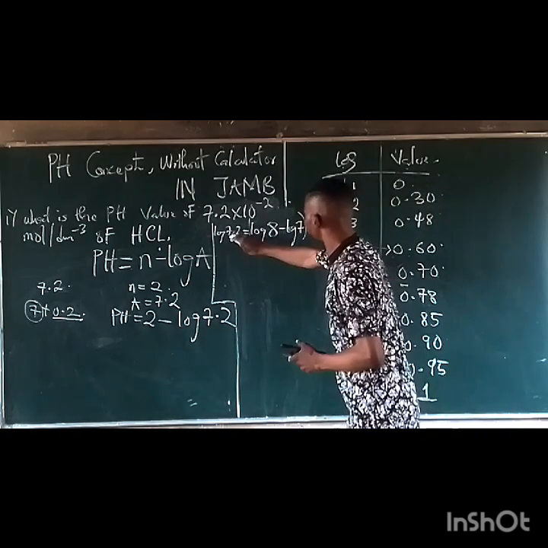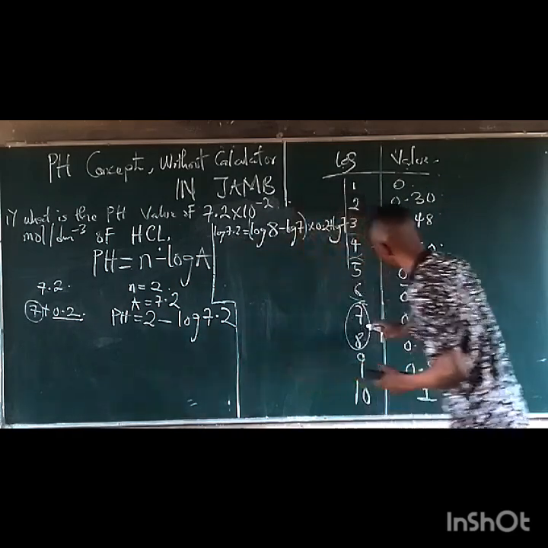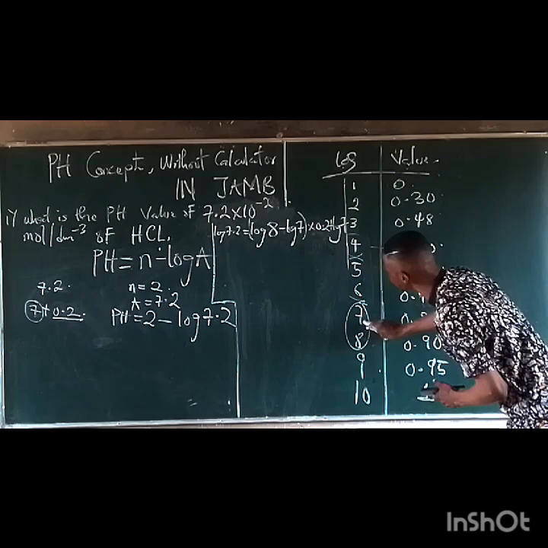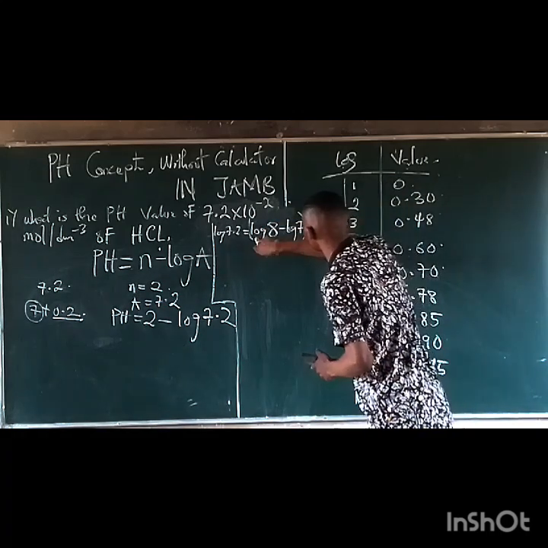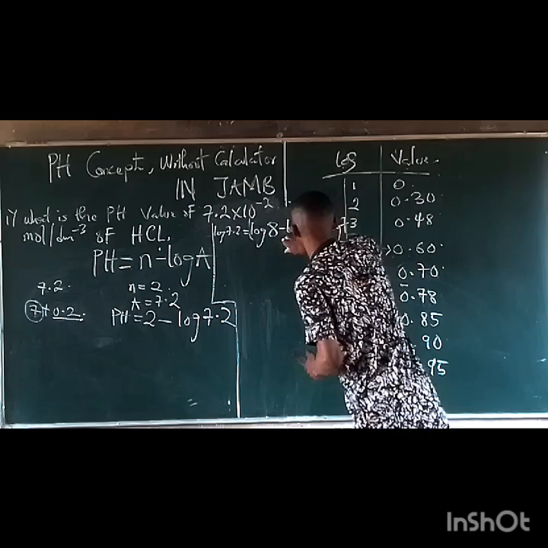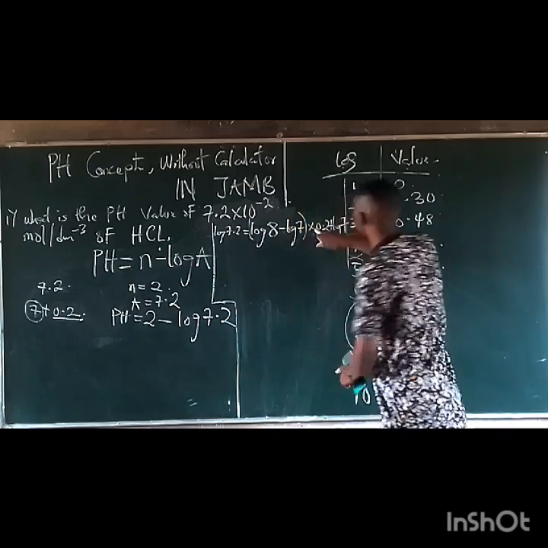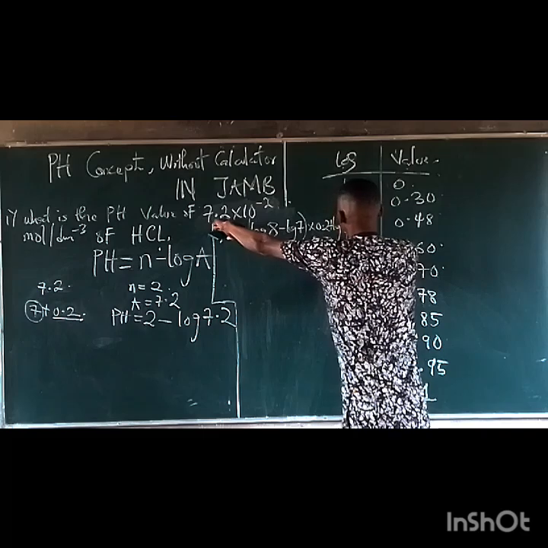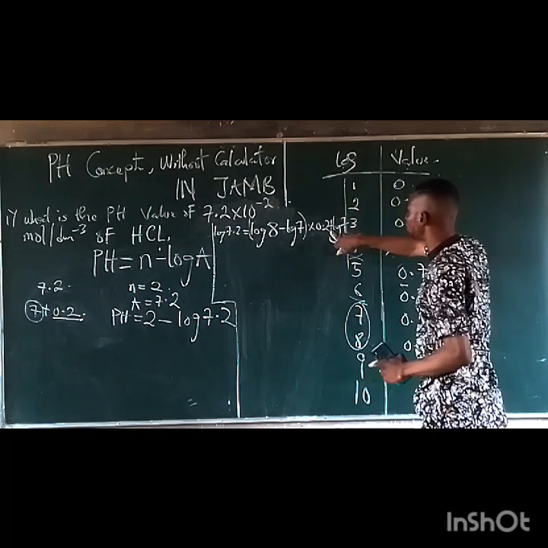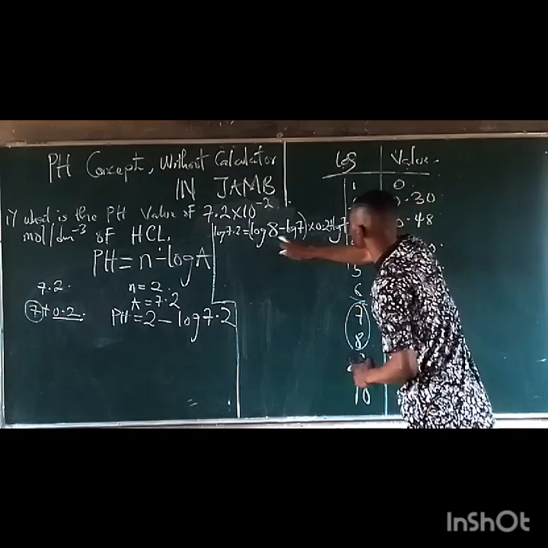I said this is 7.2, it's going to lie between 7 and what? 8. Can you see the interval now? So you give this one the highest logarithm, which is log 8. You now subtract what? Log 7. You now multiply with the value 0.2. You now set plus, finally, the lowest logarithm between these.